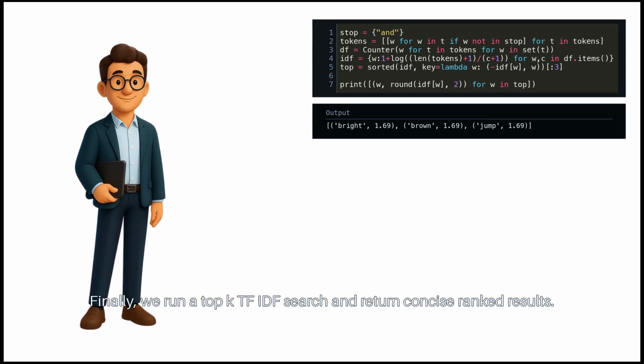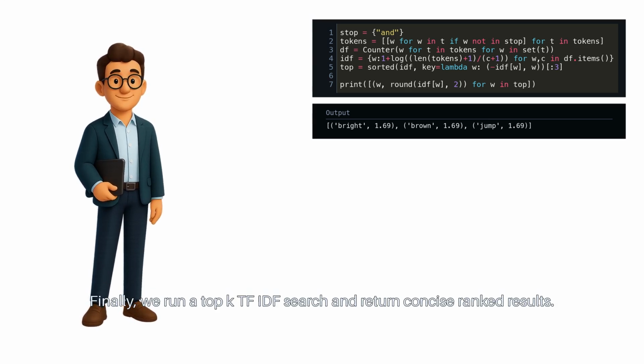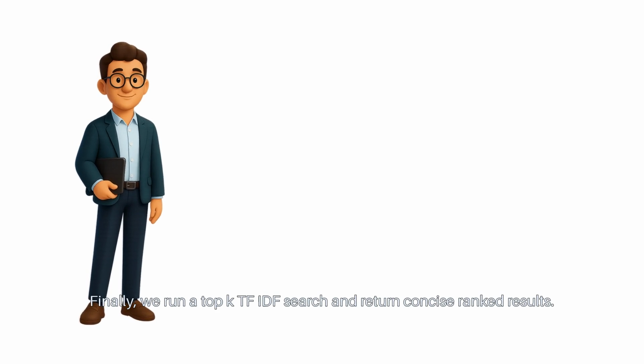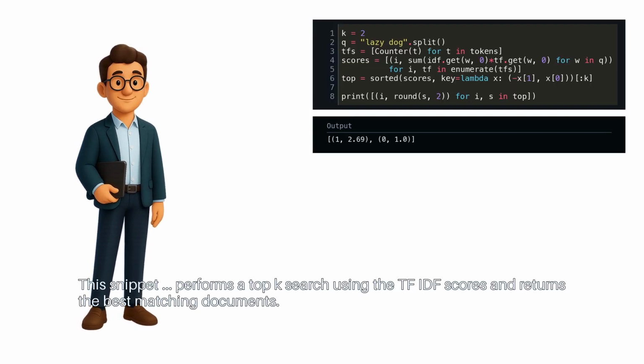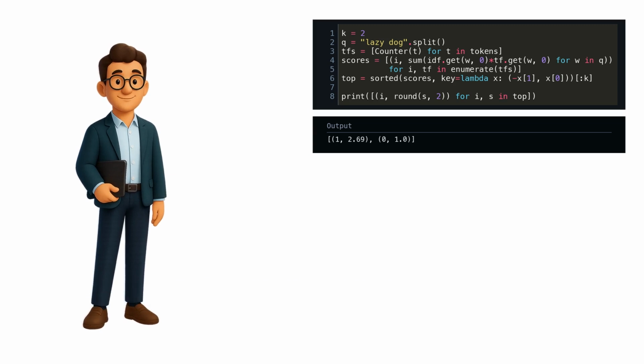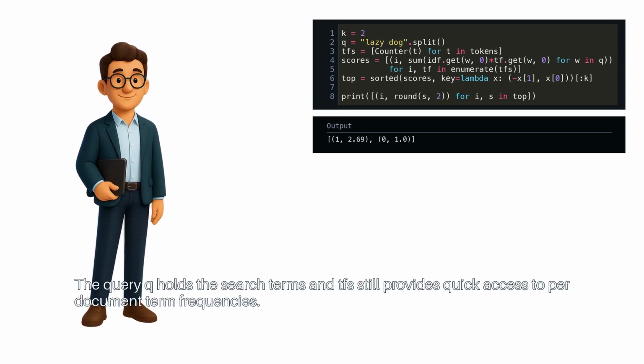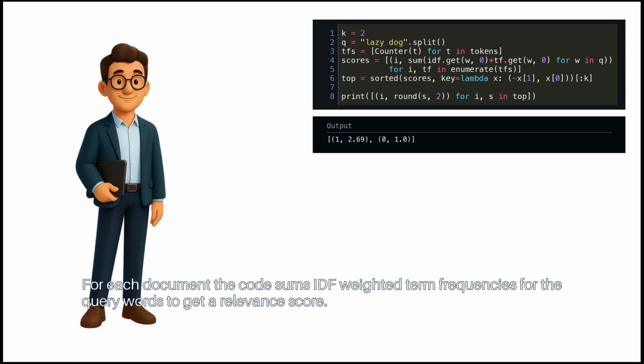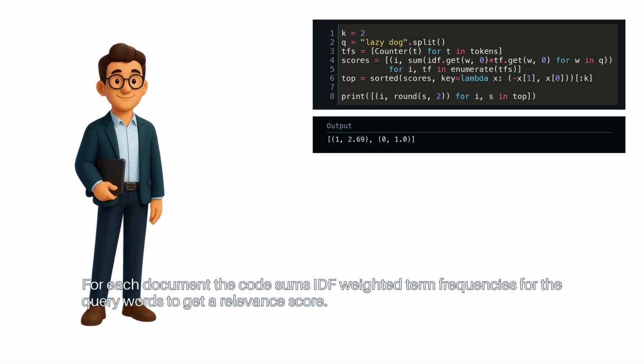Finally, we run a top K TF-IDF search and return concise ranked results. This snippet performs a top K search using the TF-IDF scores and returns the best matching documents. The query q holds the search terms, and tfs still provides quick access to per document term frequencies. For each document, the code sums IDF weighted term frequencies for the query words to get a relevance score.